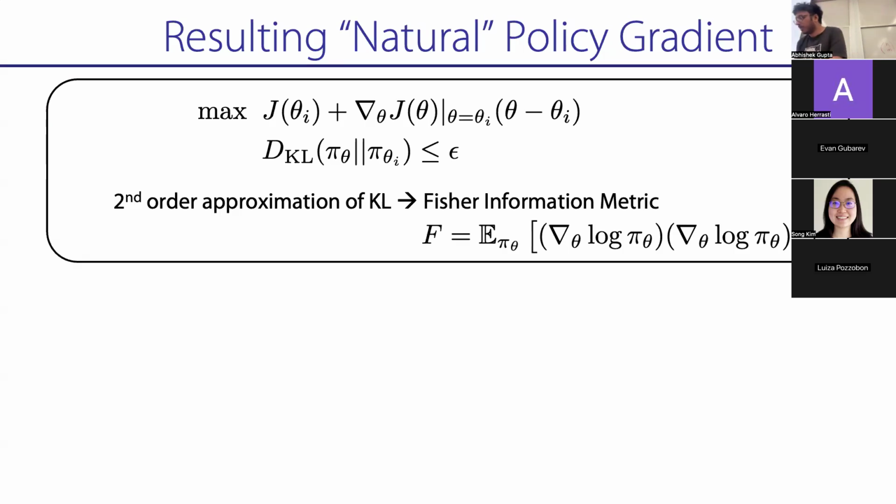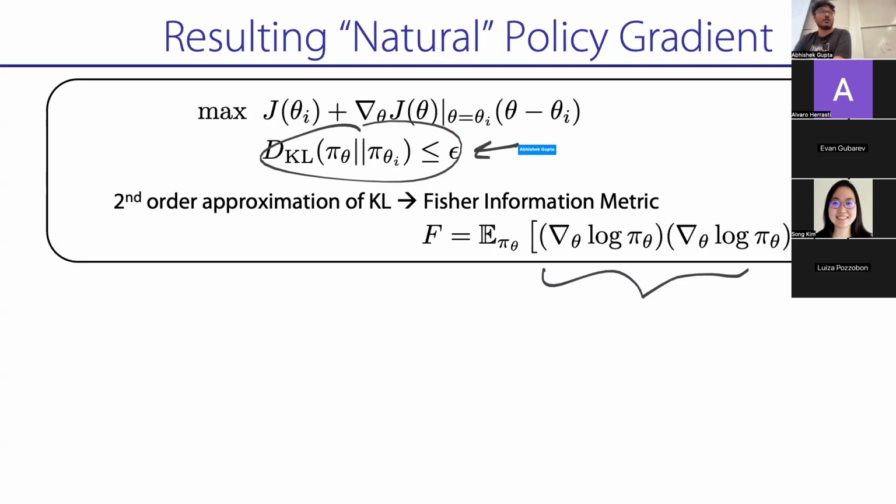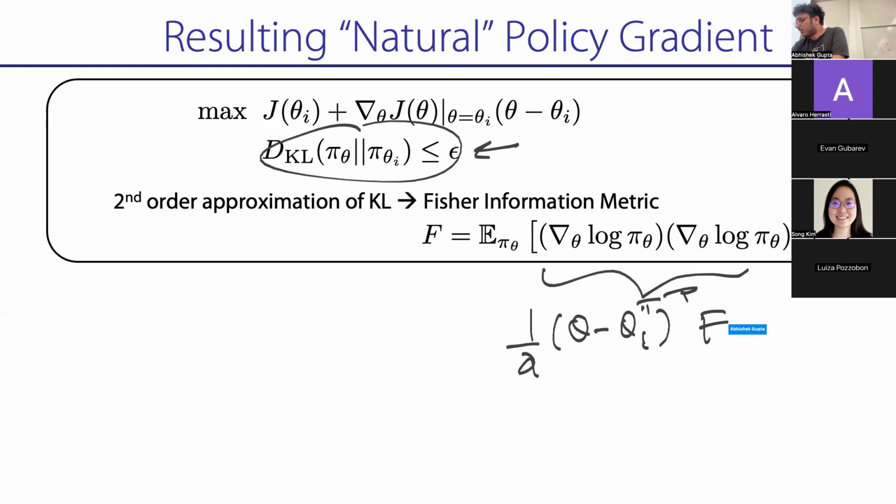Another exercise for home: if you take your KL divergence and write out the second order Taylor approximation of the KL divergence, you can show that it's basically something like that times F times something like that.